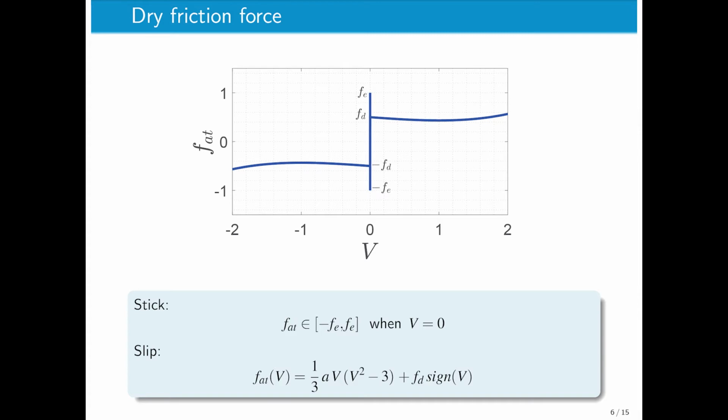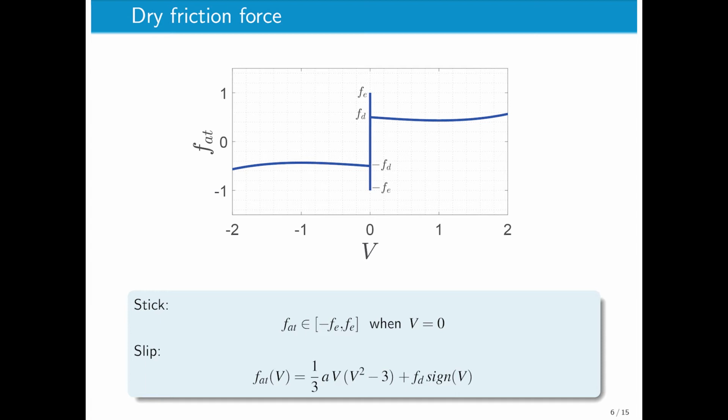The system response with direct friction is composed of two phases, stick and slip. The stick phase is characterized by a period in which the relative velocity between the two bodies in contact is zero. In our problem, this means that the mass and the belt move together. During that period, the friction force assumes values between minus Fe and Fe.